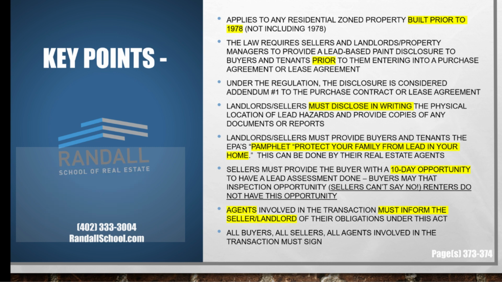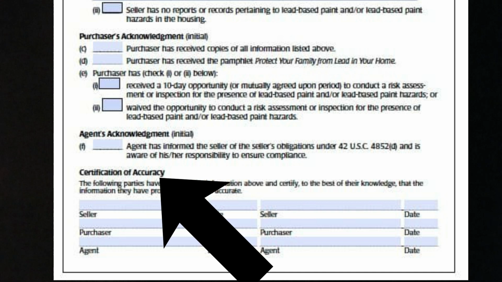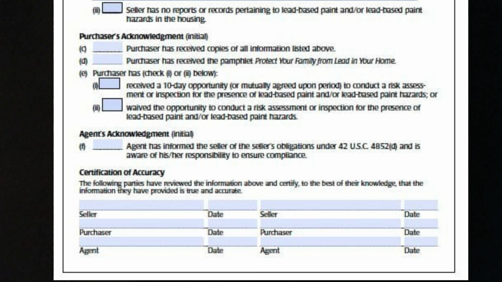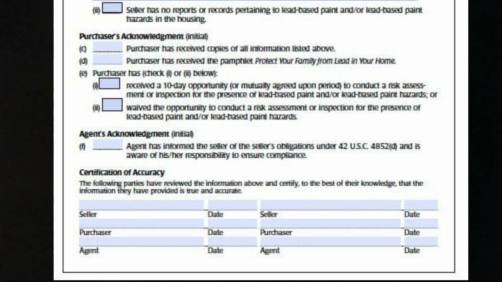Then the responsibility would fall on that buyer's agent to inform the seller of their obligation under the federal law, and then they would initial in the agent section. And then last but not least, all buyers and sellers, all agents involved in the transaction must sign the document as well. Very important to remember that.